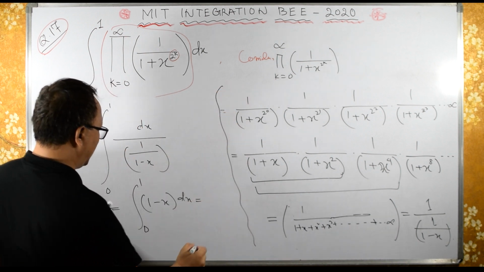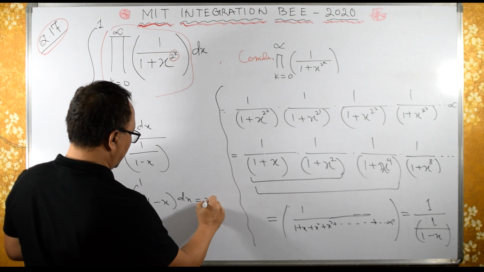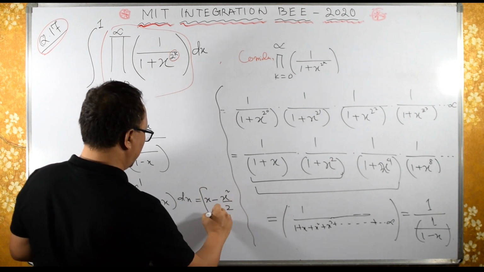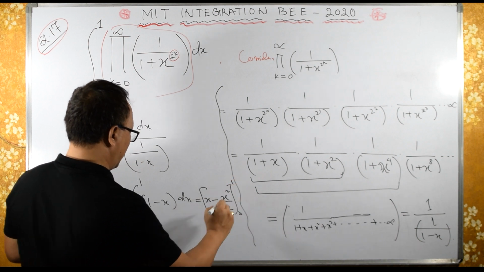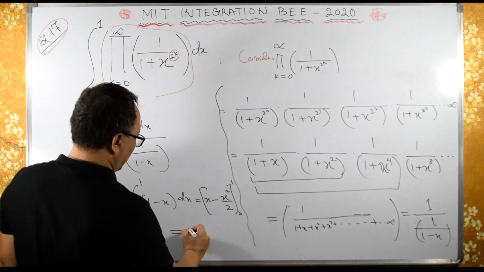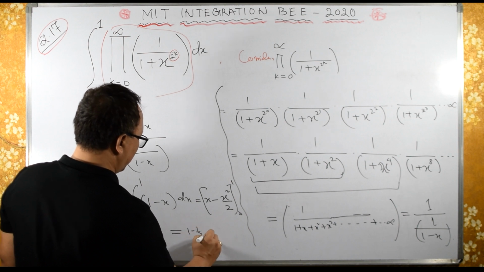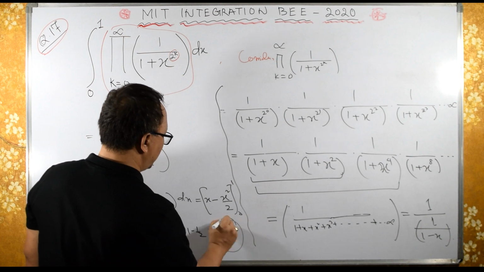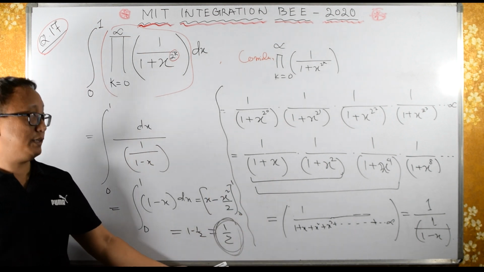So what is this integration? The integration of 1 is x, minus x square by 2, and the limit is from 0 to 1. If I substitute the upper limit, we get 1 minus half, and 1 minus half is half. Half is the required answer for this question.